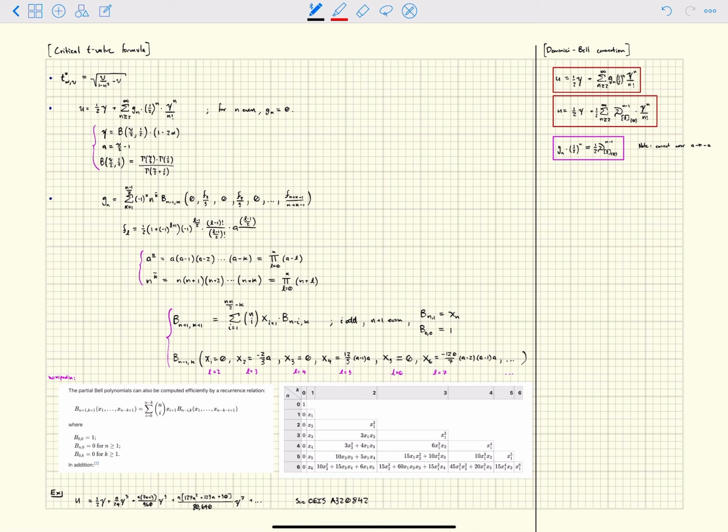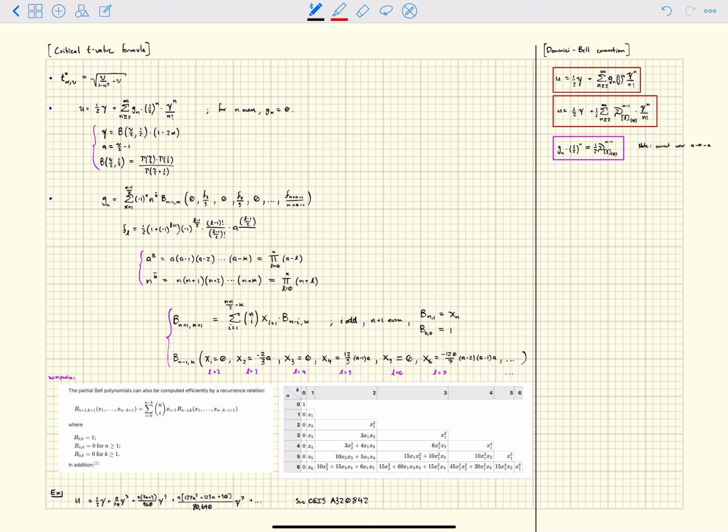You can calculate as many of them as you need. It's also important to note some notation here. I'm showing that this a to the k with a bar under it is the falling factorial, and this n to the k with a bar over it is the rising factorial.